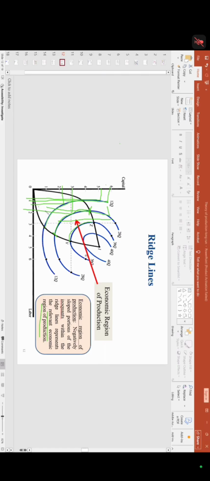So the economic region is where your isoquants are negatively sloped within these ridge lines. We call the area inside the ridge lines with negatively sloped isoquants the economic region of production. Okay? So in the long run what we expect is to have economic production.